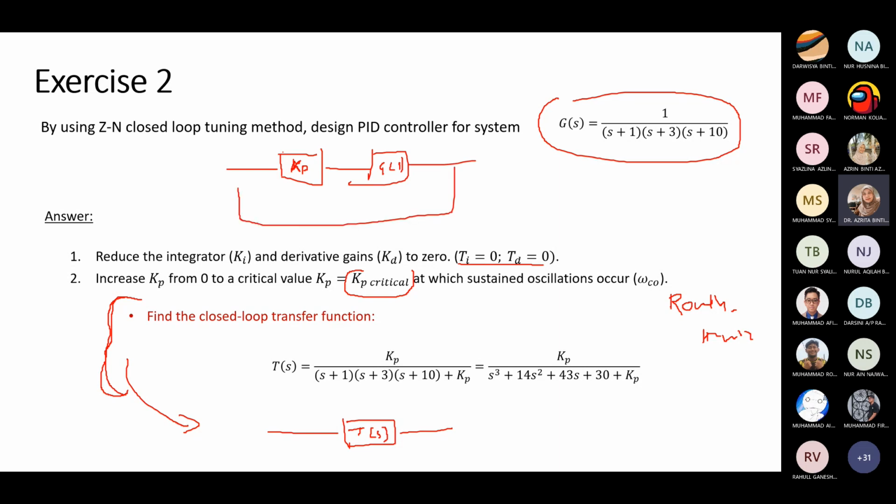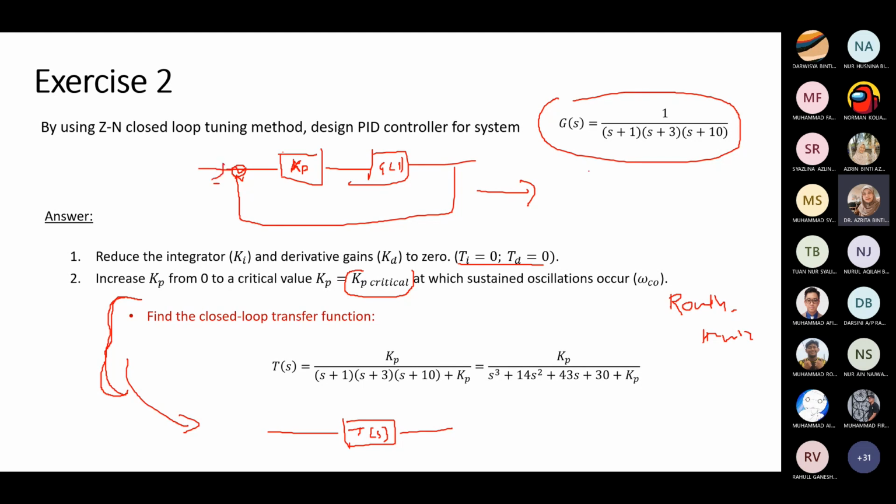So this is the unity feedback system like this. You need to find the closed loop transfer function for this system. If you remember in the first topic, we already learned the fastest way to find the closed loop transfer function.